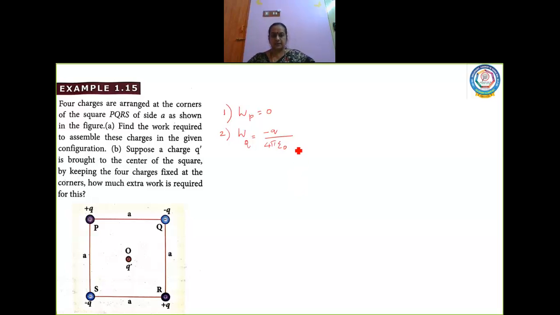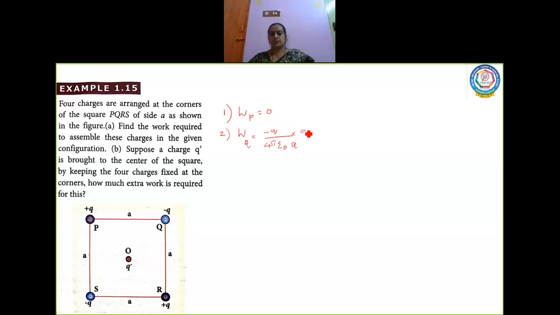It is A. So I am going to bring a charge minus Q from infinity to this position Q against the electric field created by plus Q, which is at a distance of A. Instead of R, I have substituted A here, that's all. So work done, WQ, is equal to minus Q. Actually, work done here, I have one more Q, sorry I forgot.